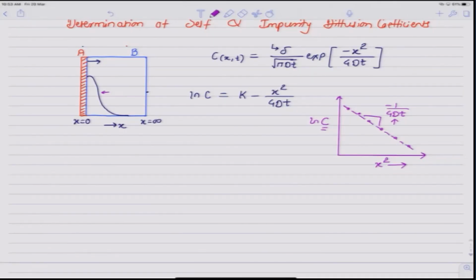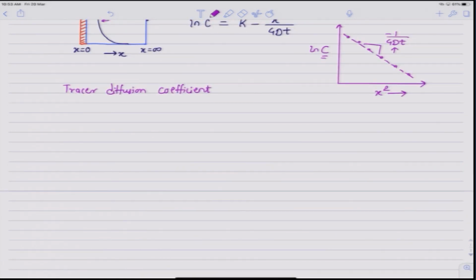And since we use radio tracers, the diffusion coefficient so determined is commonly referred to as tracer diffusion coefficient.